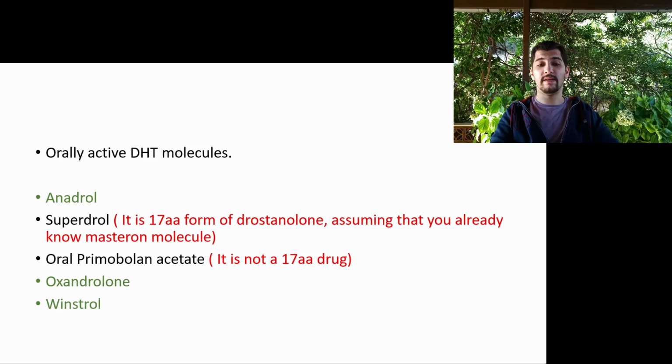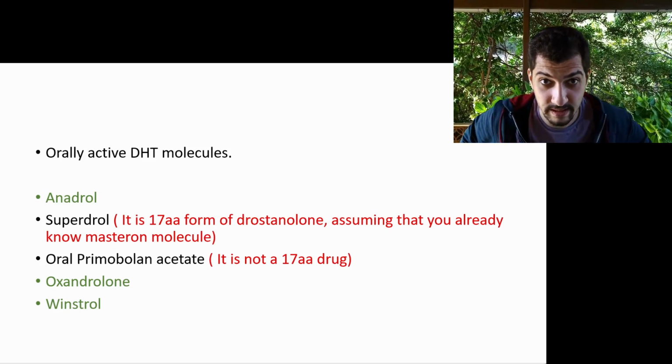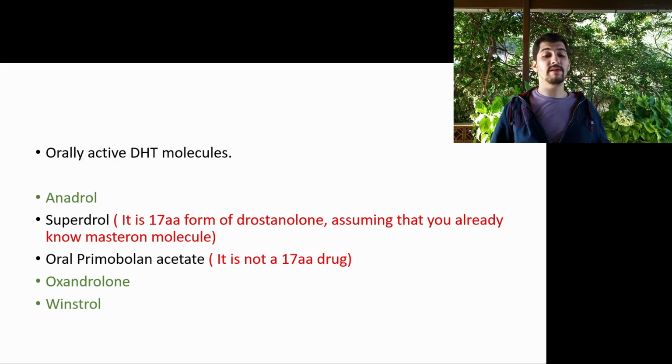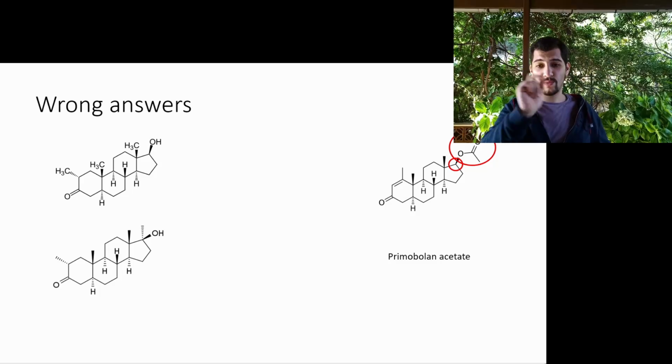It's because primobolan acetate is not a C17 alpha alkylated drug. Technically, you can inject it. As you can see on the slide, primobolan acetate does not have a C17 alpha alkyl group.